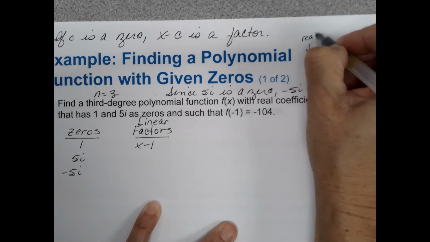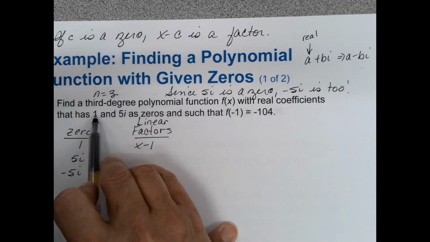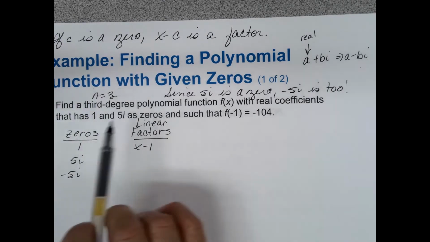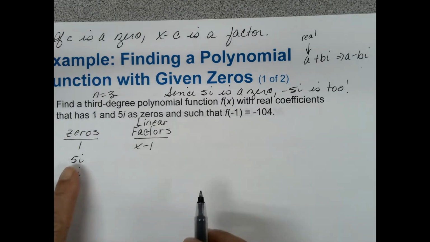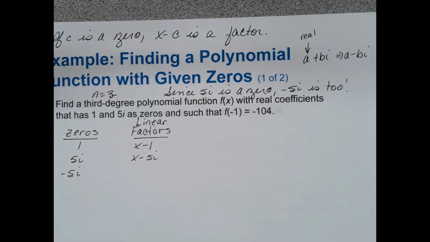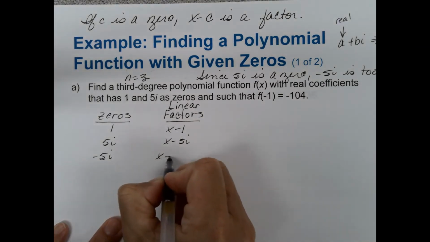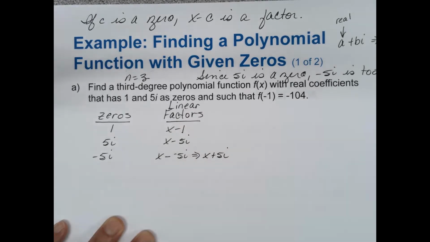A is the real piece. Notice it keeps its sign here. So since 1 is real, we don't get a distinct pair with just the 1, because for the number 1, the b is 0. And so we only change the sign on the imaginary part. If 5i is a 0, x minus 5i is a linear factor. If negative 5i is a 0, x minus negative 5i is a factor, which is x plus 5i.